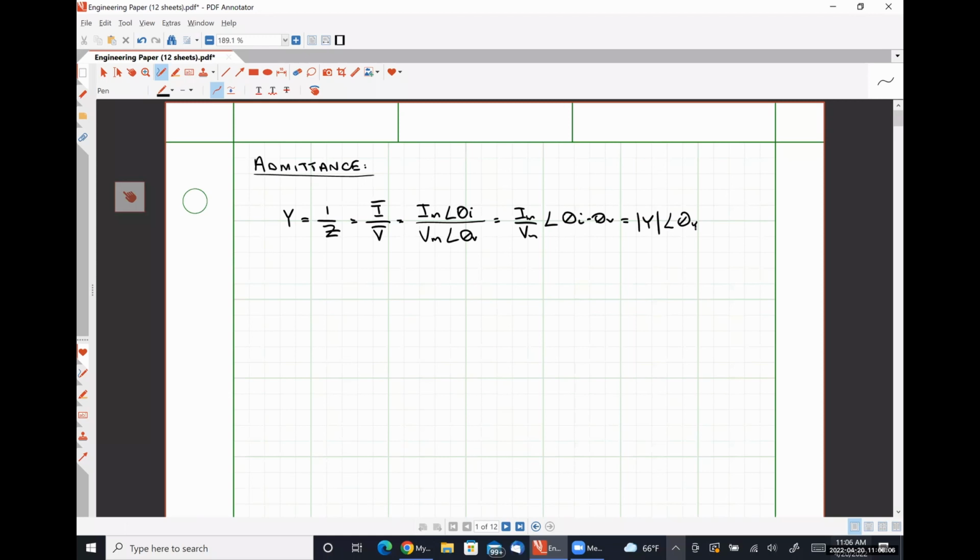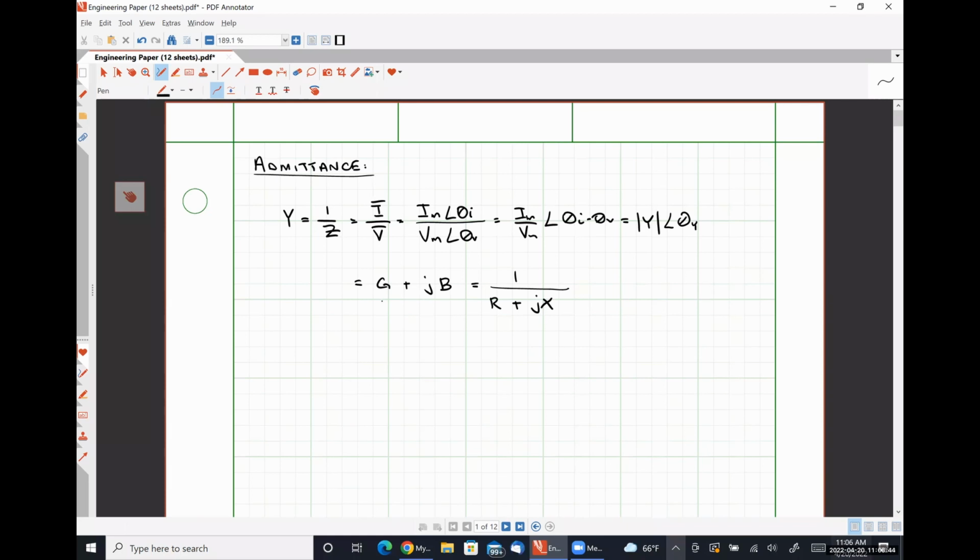In rectangular form, admittance is given by Y equal to G plus jB, where this G plus jB is identical to 1 over R plus jX.